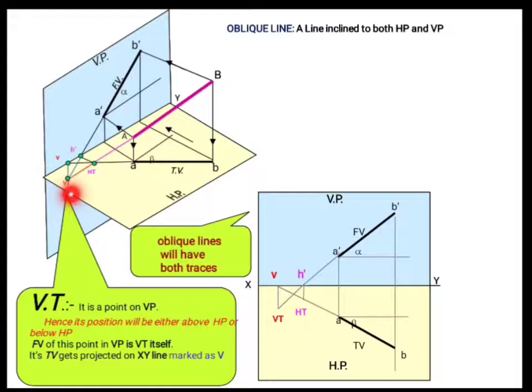So, the point vertical trace itself denotes the elevation of the vertical trace. And an observer looking from the top can see this vertical trace in the VP at the XY line, and it is marked as V along the XY line.